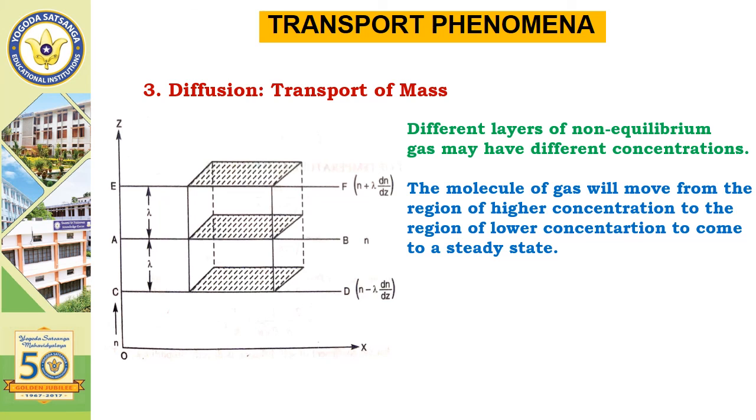So it is clearly mentioned that these three phenomena, viscosity, thermal conductivity and diffusion, are termed as transport phenomena because they deal with the transportation of momentum, energy and mass of a molecule of a gas or atoms.